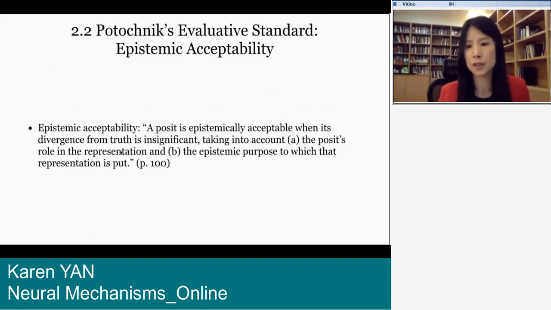It could be idealization, it could be abstraction, it could be a claim asserting something, it can be whatever. And B, the epistemic purpose to which that representation is put, whether that representation is for predicting, or for different kinds of epistemic purpose.